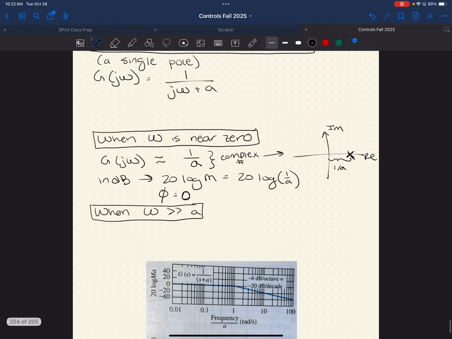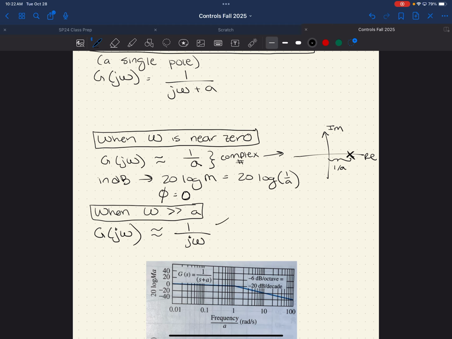Okay, let's do the other one. What is G of j omega when omega gets really, really big? Well, it overpowers that a term, and I'm left with just 1 over j omega.